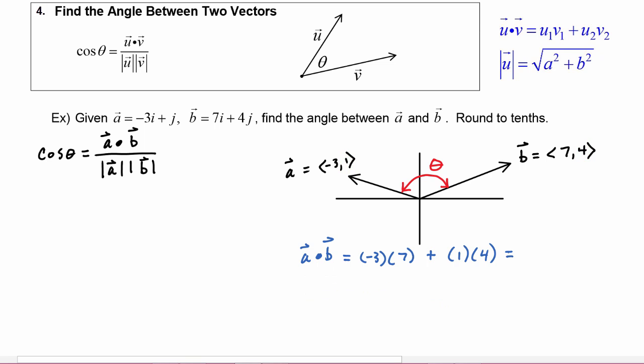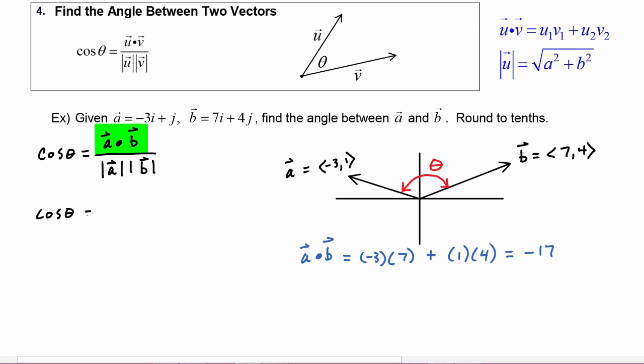So this is equal to negative 21 plus 4, which is equal to negative 17. So we can fill that much in.